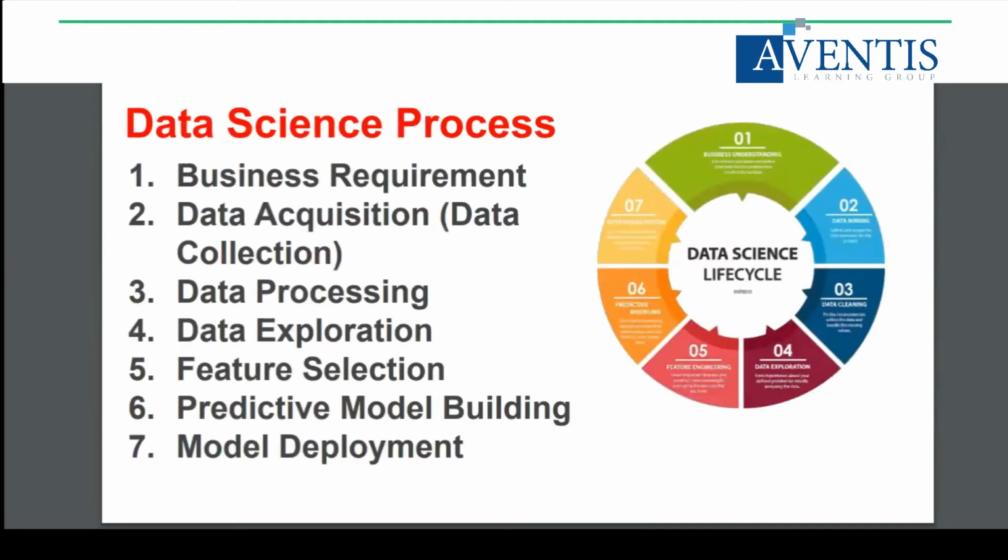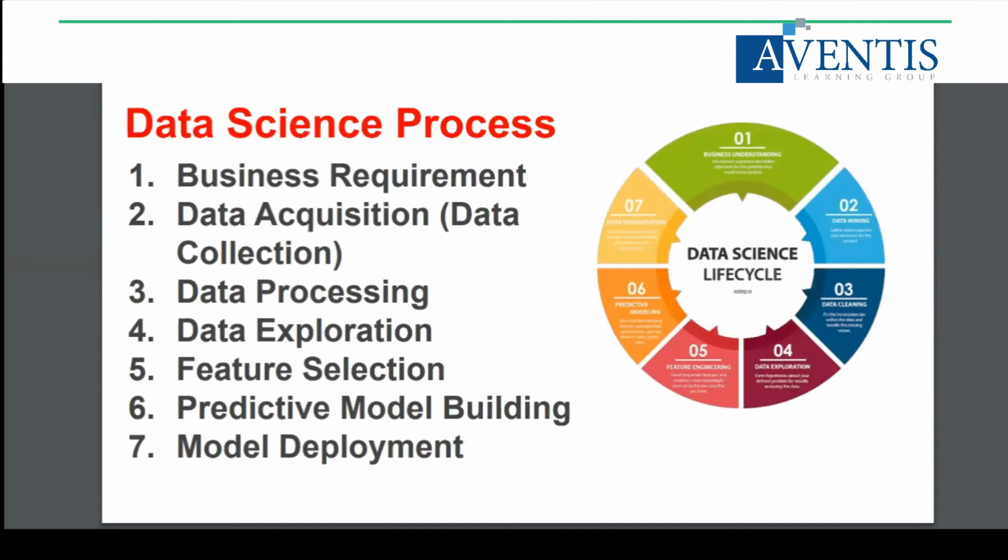Next, this is the whole data science life cycle. It has seven important components. First is the business requirement: you need to ask an interesting question you need to solve. Then, based on that question, you need to collect the data.